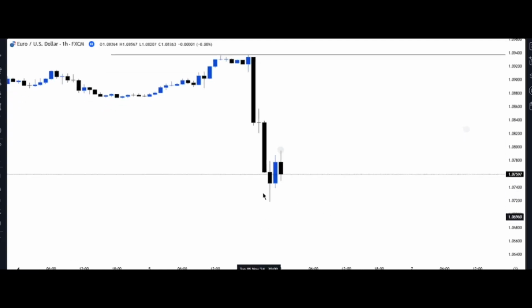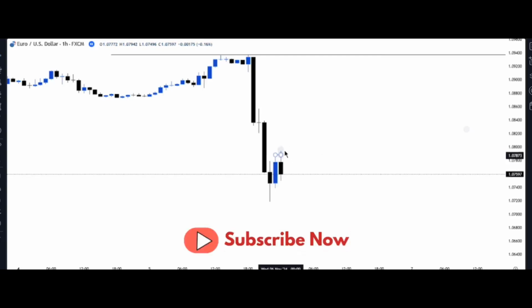Now, look at this. Price has taken out this high. This high is taken out, as you can see. So the smart money used this candle wick to clear the liquidity resting above this previous candle's high. And after that, price closed inside of this previous candle's range.